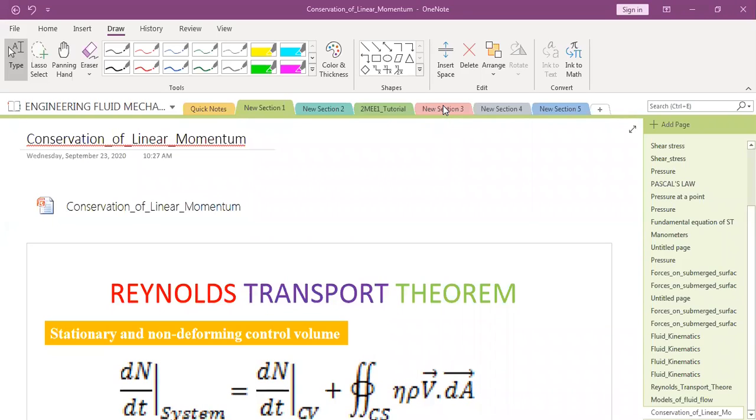Should we start? Yes sir. Okay, then I am starting with the discussion regarding conservation of linear momentum. So till now you have covered, I think, conservation of mass.